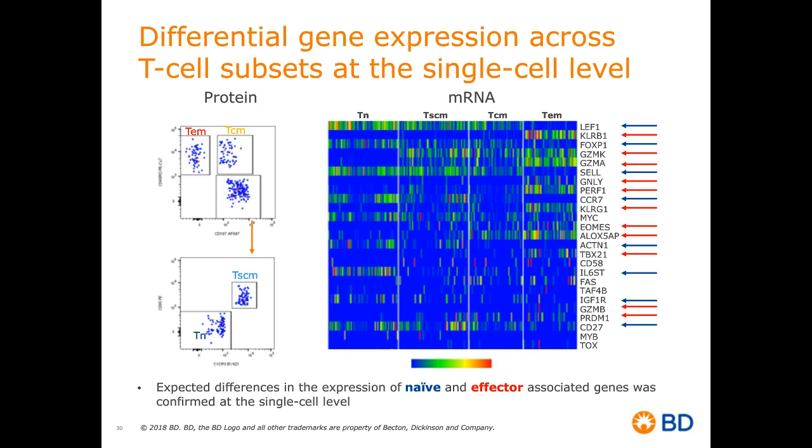And we can start observing some very interesting data. First of all, if we look at left one, for example, at the top of the list, and the blue arrow represents naive associated genes, you can see that as expected and as previously demonstrated, we have a progression from naive to stem cell memory, to central memory, to effector memory.